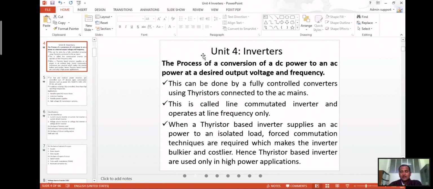Then at the receiving end, you again have to convert that DC into AC. So you require an inverter, and both the rectifier and the inverter are required at both ends. So these are some of the places where we practically use these types of systems, where conversions are required.